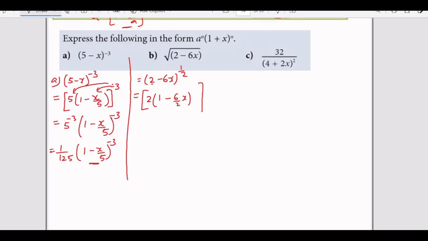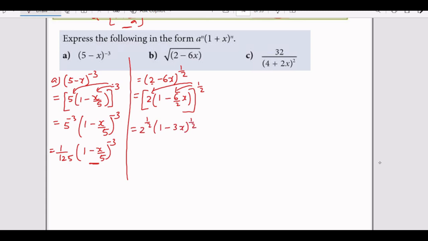Remember that we are not leaving it only with one part of the bracket. This half belongs to both 2 as well as the bracket. So that means it is 2 power half, and inside we have 1 minus 3x power half.